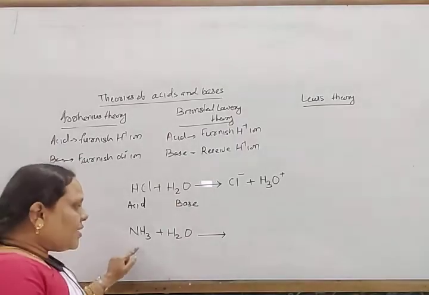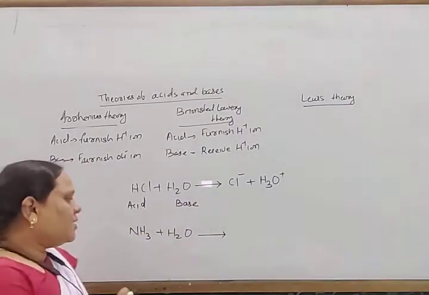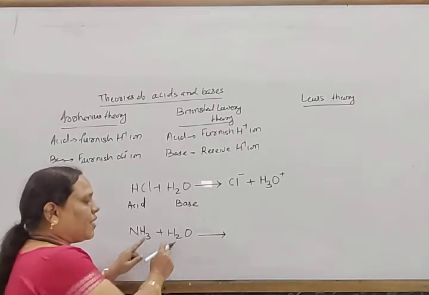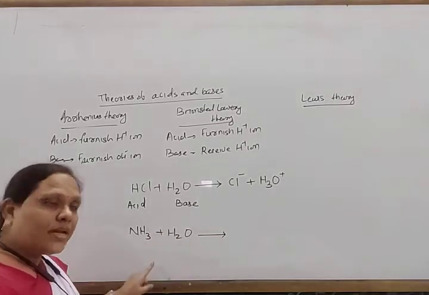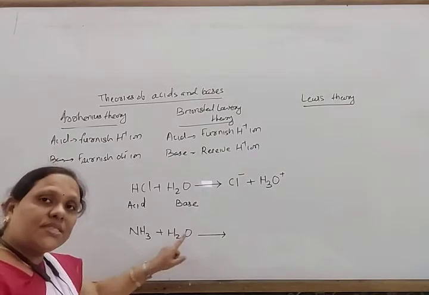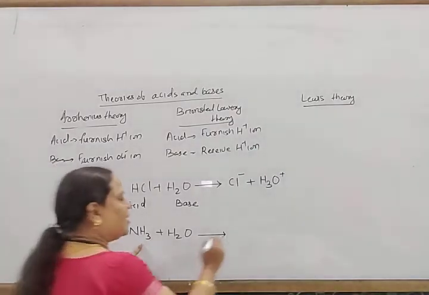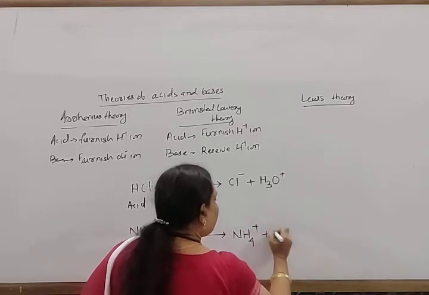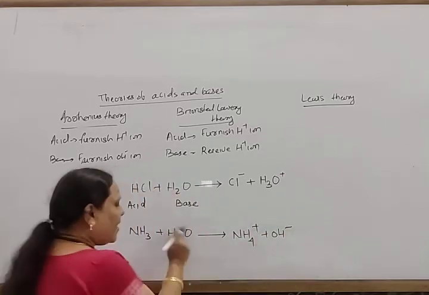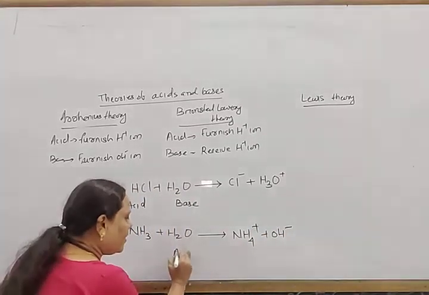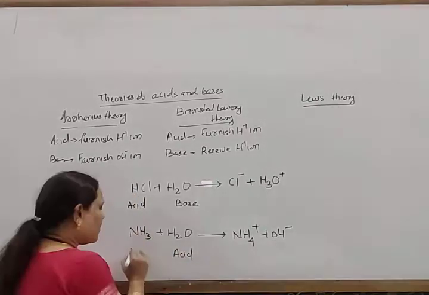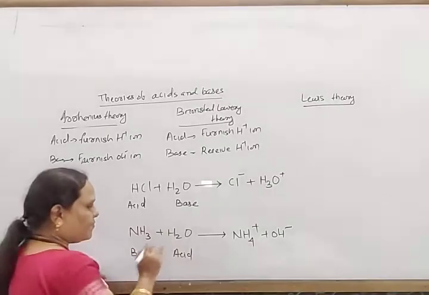Now when ammonia reacts with water, water has more tendency to give H plus ion, and ammonia has more tendency to receive this H plus ion. In this way it gives NH4 plus and OH minus ion. Hence, as it gives, now it acts as an acid and now it acts as a base.